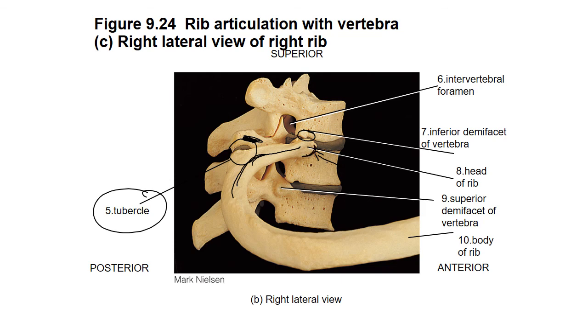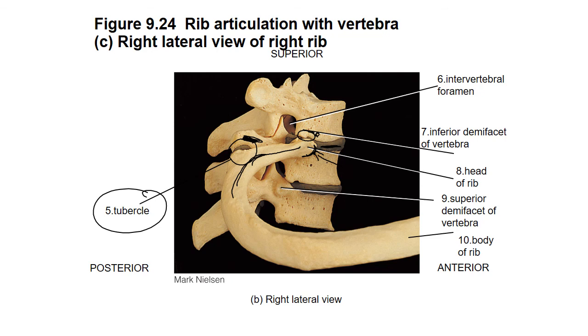So there's 2 articulations, one vertebra here and the vertebra below it. The disc is actually right in the middle, so the rib kind of fits above and below the intervertebral disc there.